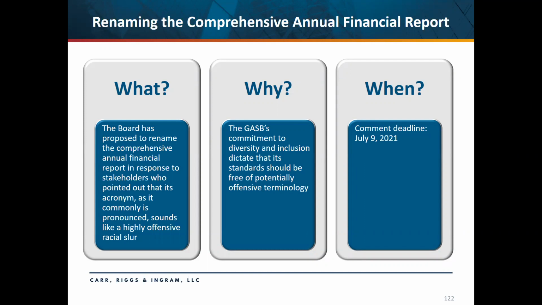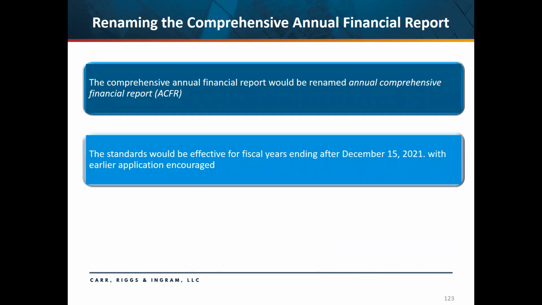It was considered a highly offensive racial slur. This, from what I understand, has been passed now, and it will be effective for fiscal years ending after December 15th, 2021. The comprehensive annual financial report will now be renamed to the annual comprehensive financial report, or the ACFR.